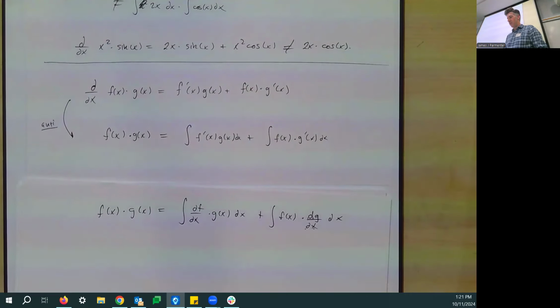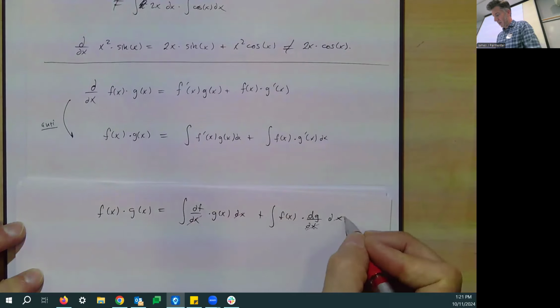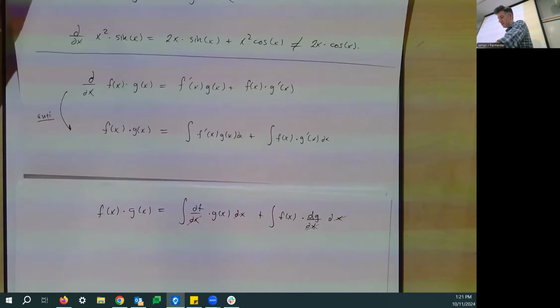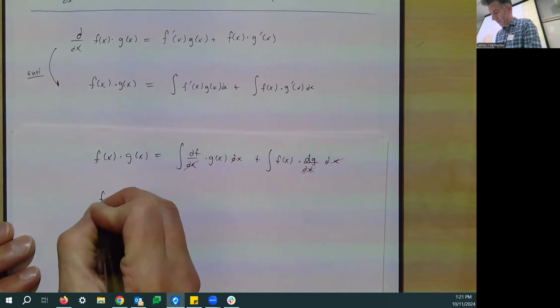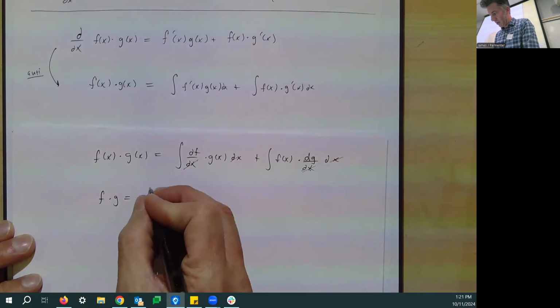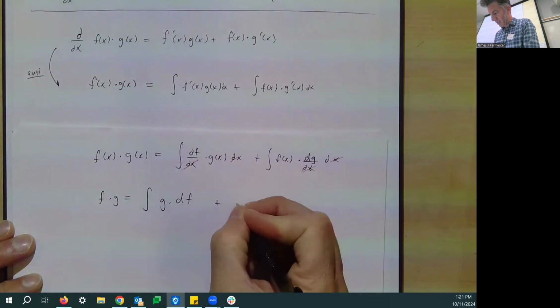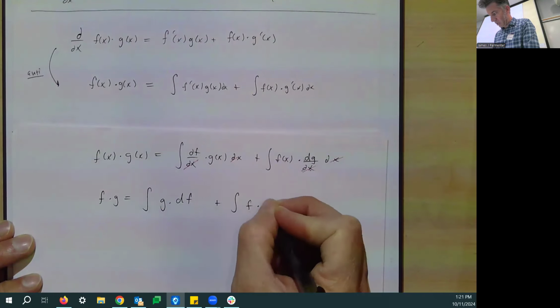And we can not inappropriately think of these dx's as kind of canceling out. So the way we could write this, just doing away with the x's for a minute, is f times g equals the integral of g times df plus the integral of f times dg.